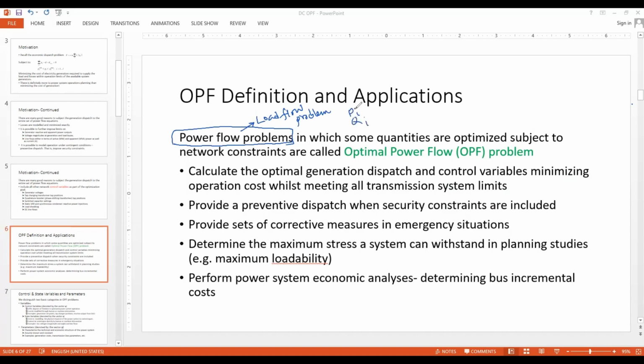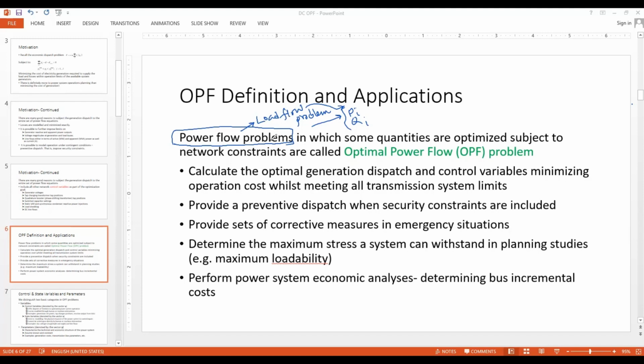These PIs and QIs are basically part of the load flow equations. We are talking about these injections, which are of course a function of generation and demand, and ultimately a function of the bus voltages, the bus admittance matrix entries, the associated bus voltage angles, as well as the admittance angles.